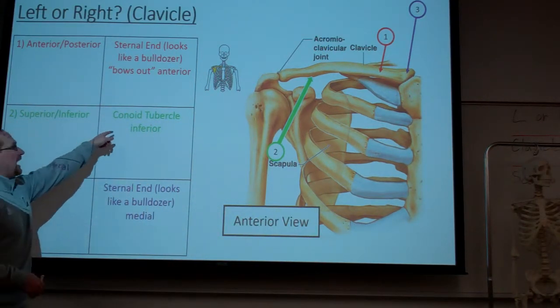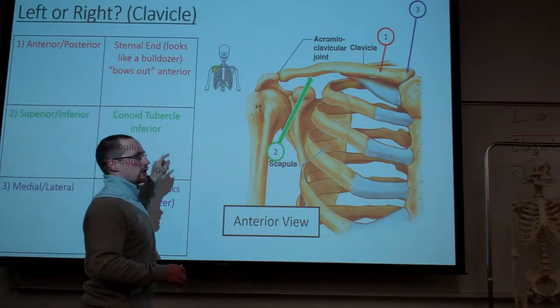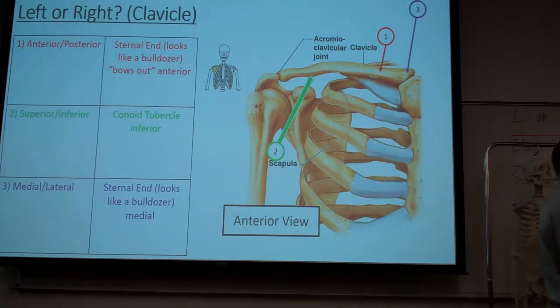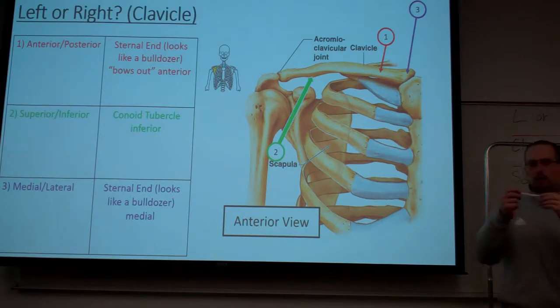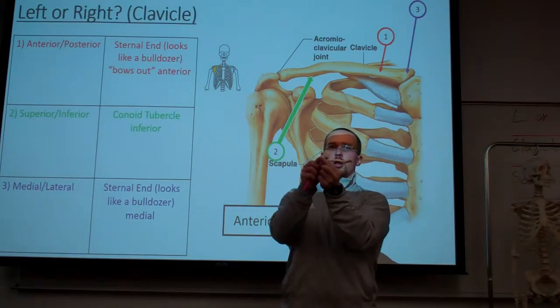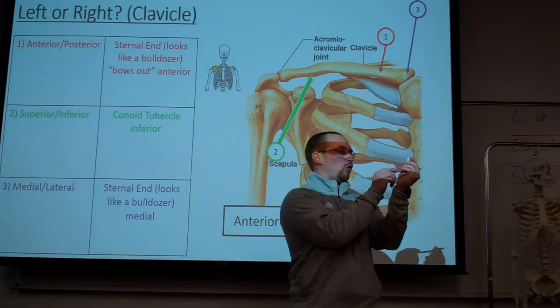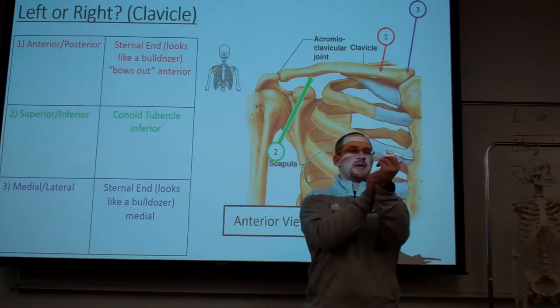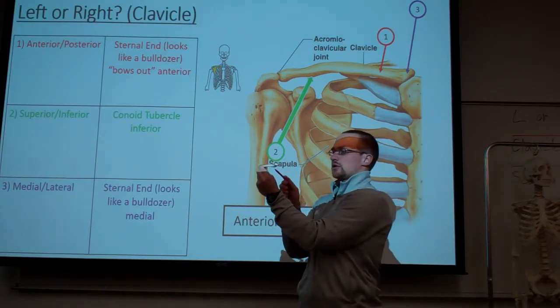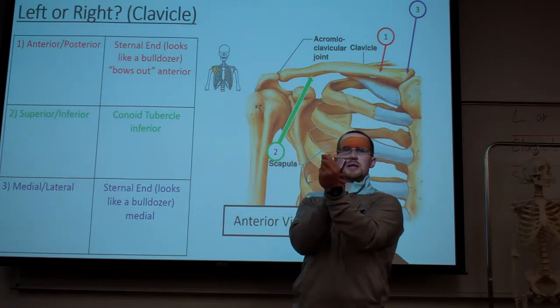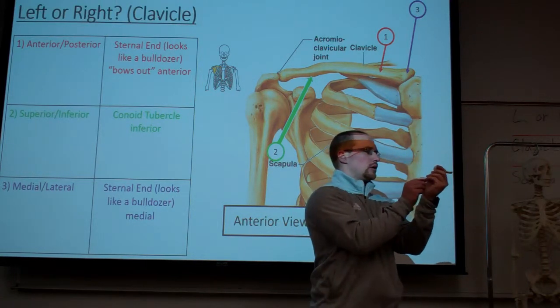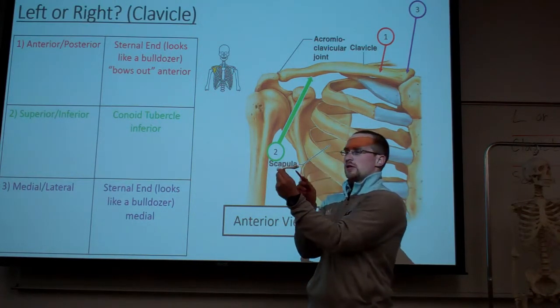Secondly, the conoid tubercle is inferior. This can be a little tricky to see, but the conoid tubercle, which is closer to the lateral portion, is going to be inferior, below, underneath.